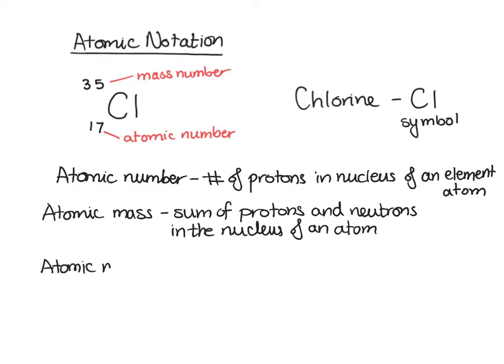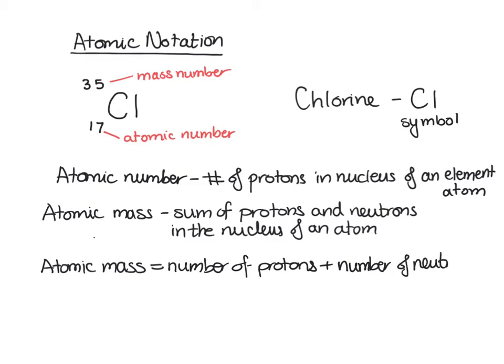atomic mass is equal to the number of protons plus the number of neutrons. So let's look at it here. Let's see if we can use this equation to calculate the missing number. So our atomic mass for chlorine is 35, which equals the number of protons.